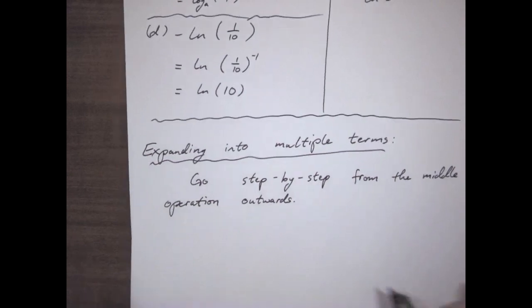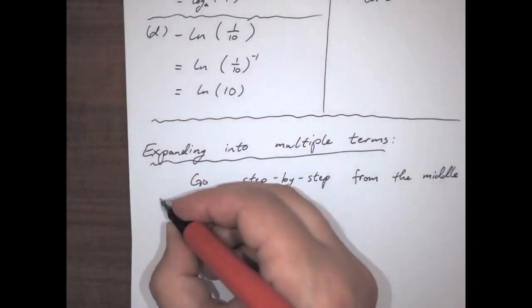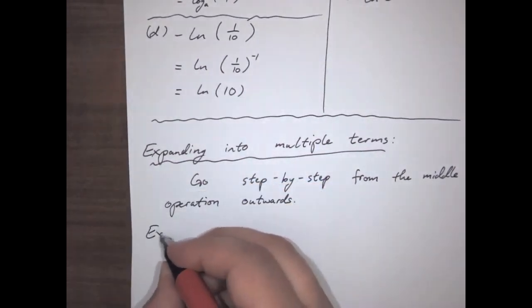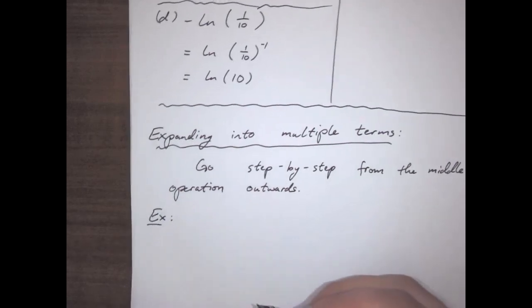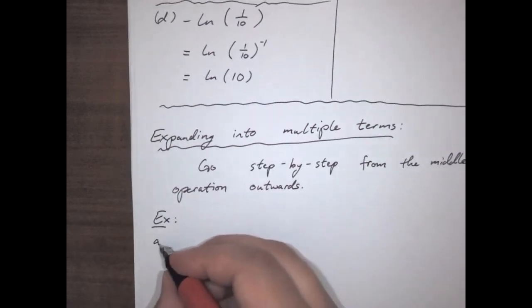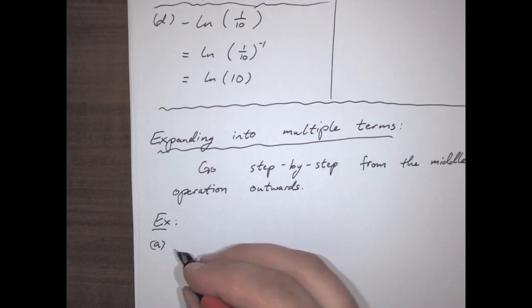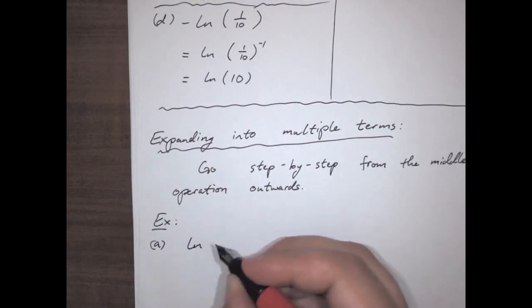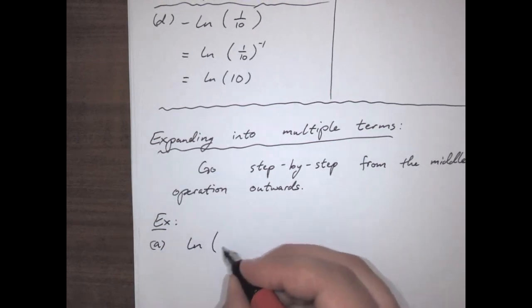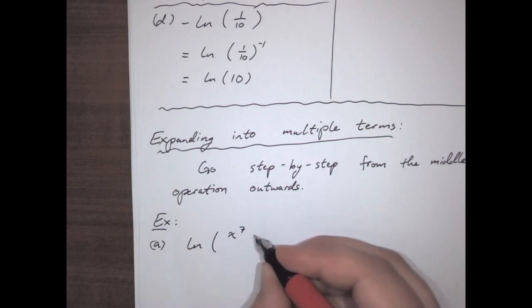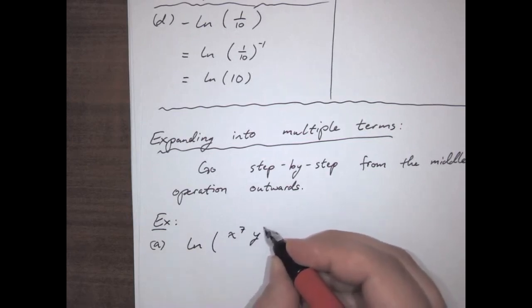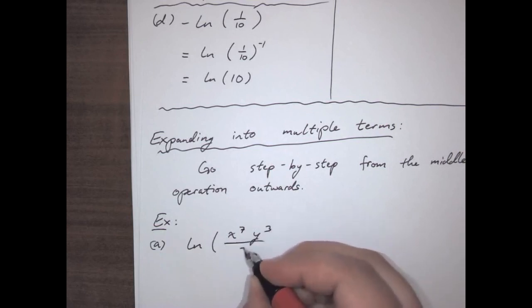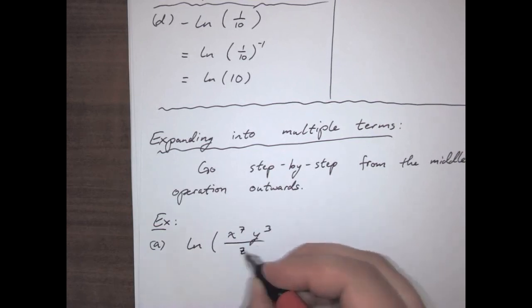So for example, let's say what we had was something like the natural log of x to the 7th times y to the 3rd divided by z to the 5th.